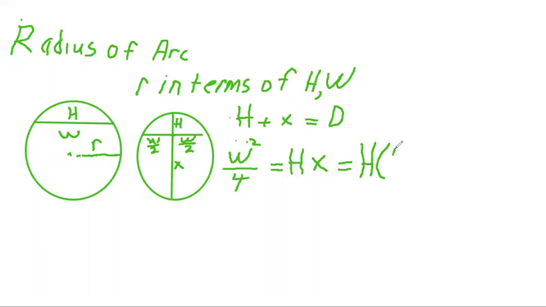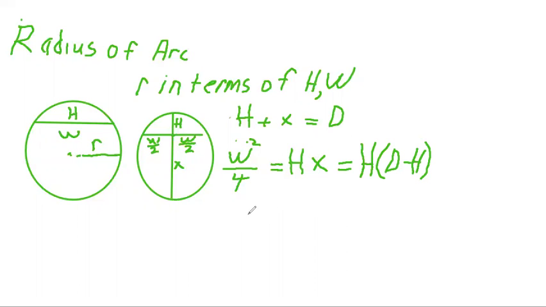So I'm going to put D minus H. This is getting a little sloppy. My apologies. I hope that's legible for you. D minus H. Okay. Now again, folks, we have everything in terms, the X has been eliminated because of this relationship between H and X.